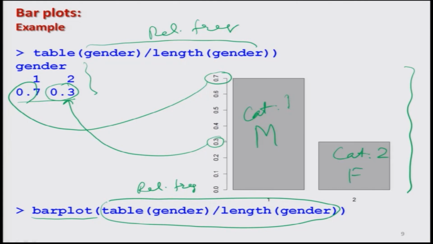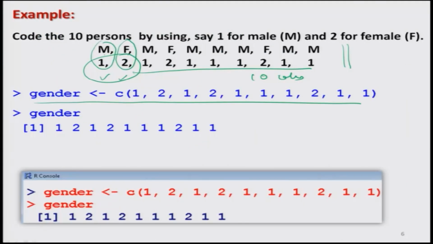You can see here this is 0.3 and this is 0.7, and in both the graphics this is simply trying to indicate that the height of this bar is more than this bar. So that is clearly indicating that the number of male persons is higher than the number of female persons in the given data set. So now let us try to do the same exercise with the R software.